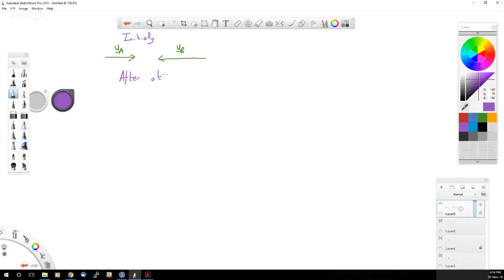After time t, remembering we've got an acceleration downwards of g, and also going to label these directions as positive in x and y, we're going to have our vA and vB.